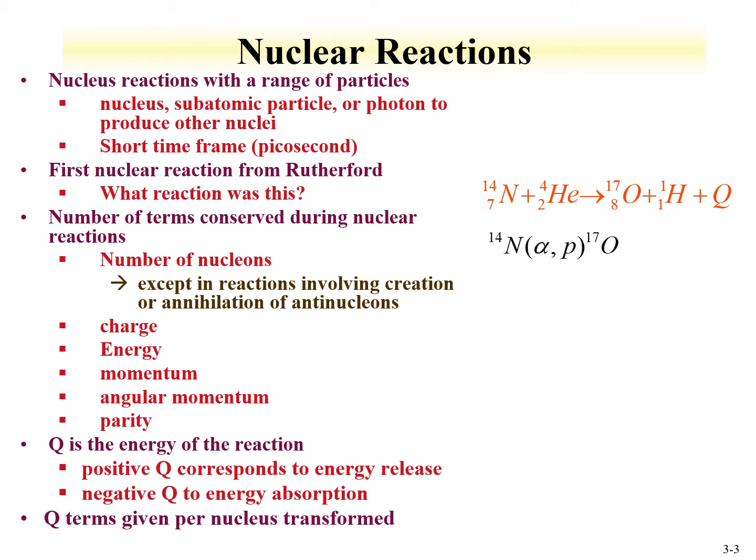As we've already discussed, there's a Q value which describes the reaction. The Q value is the energy of the reaction. If it's positive, it corresponds to energy release; negative, energy absorption. And the Q value, as we discussed earlier, is energy per nucleus transformed.